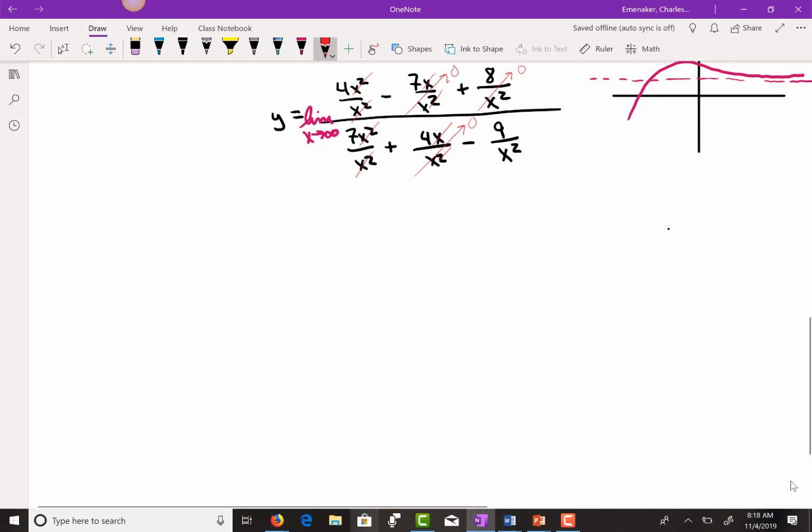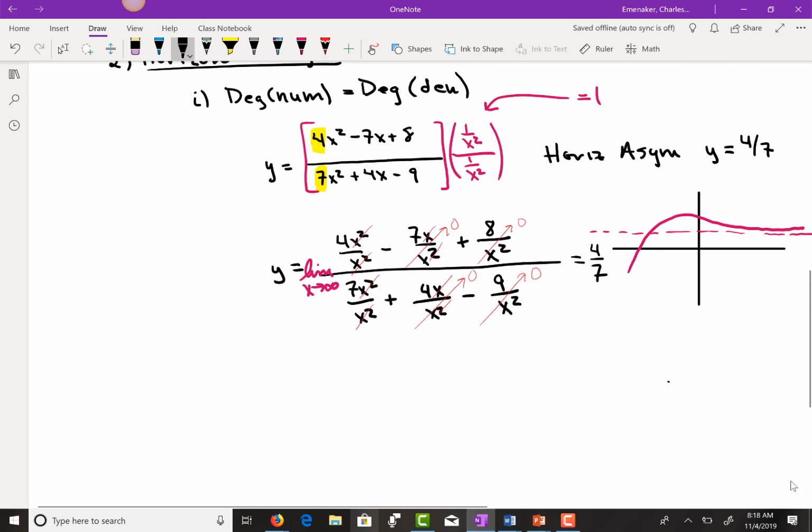And the minus 9 over x squared is headed the same direction, 0. And this thing simplifies to just be 4 over 7. So if we were graphing this function, it would have a horizontal asymptote at 4/7.